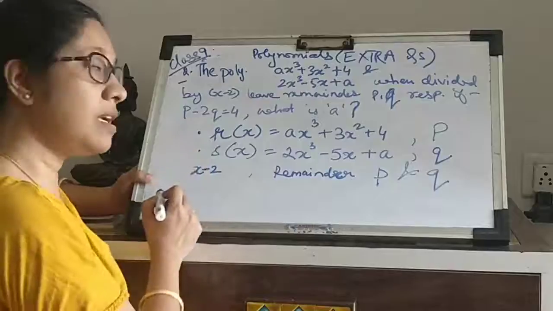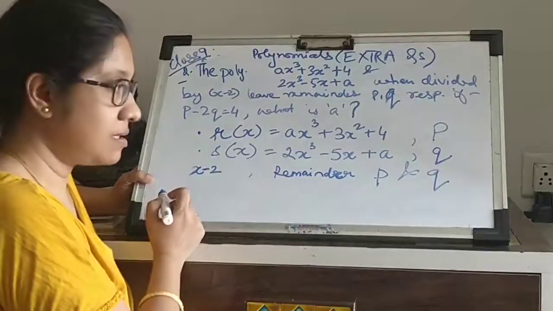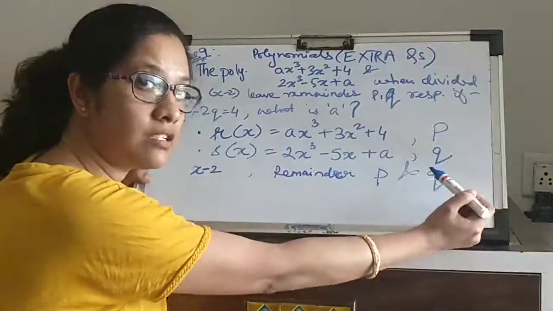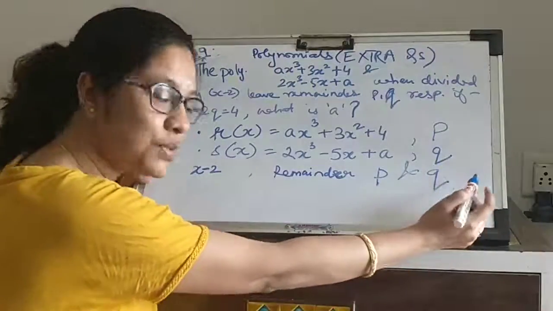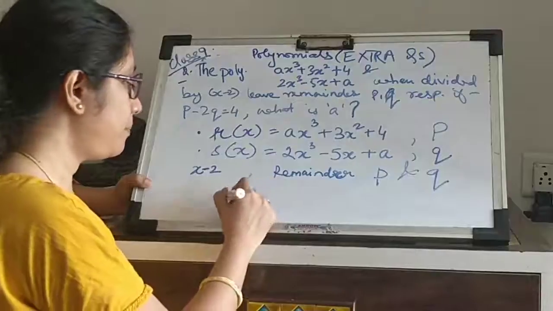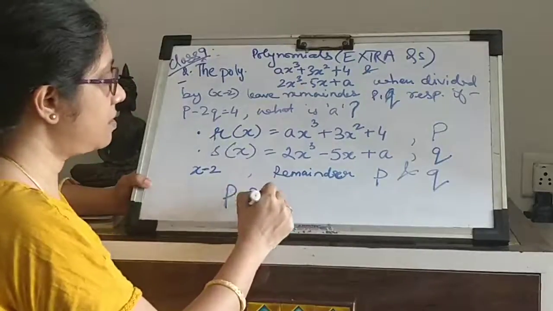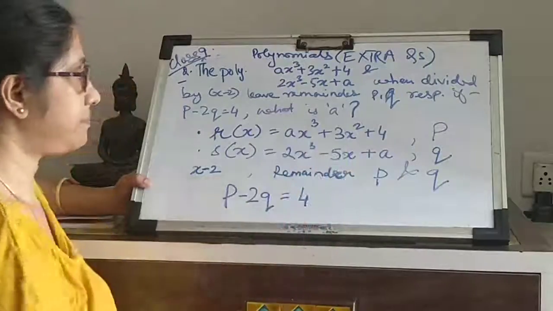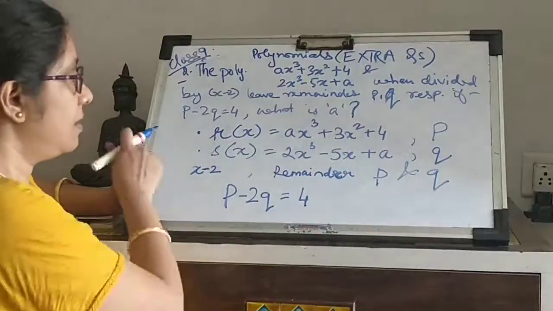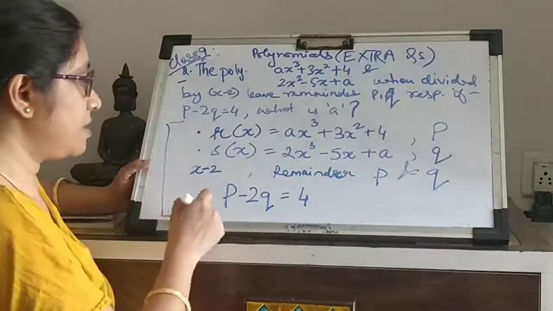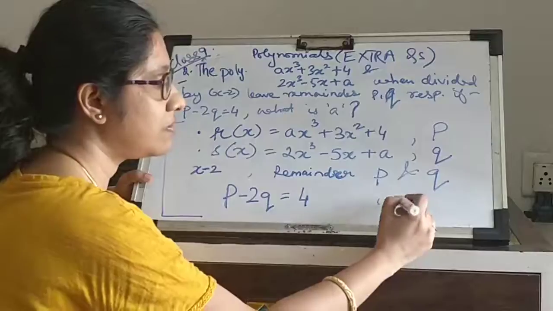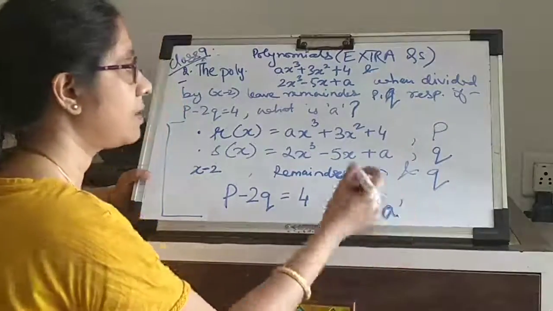There is one more piece of information given to us, that is a relationship between p and q. We are given a relationship between the two remainders p and q. What is that? p minus 2q is equal to 4. With all this information with us, what are we supposed to do? We have to find out the value of a.